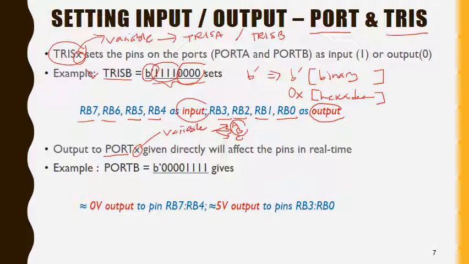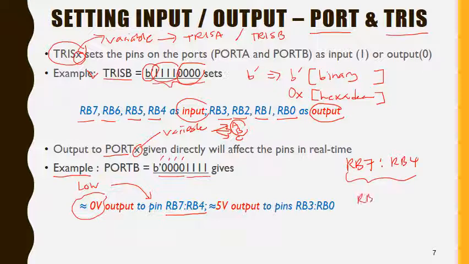So how about the PORT register? Let's take a look at the next example. In this case, PORTB register equals 00001111. This means we write 0 volt or low signal to pins RB4, 5, 6, 7. When you come across this notation, RB7 and RB4 with two dots between them, this equals RB7, RB6, RB5, and RB4, meaning from RB4 to RB7.